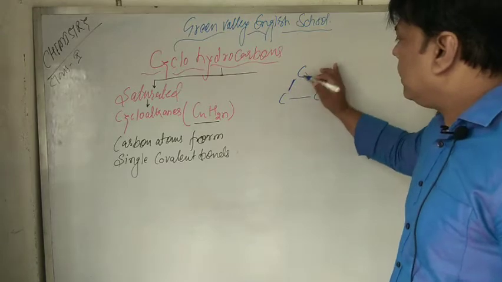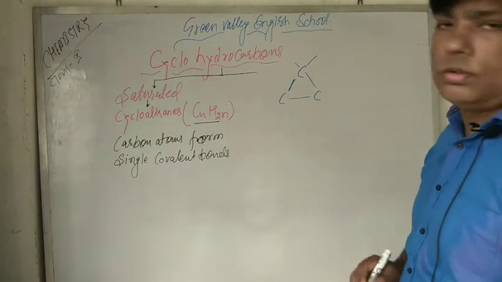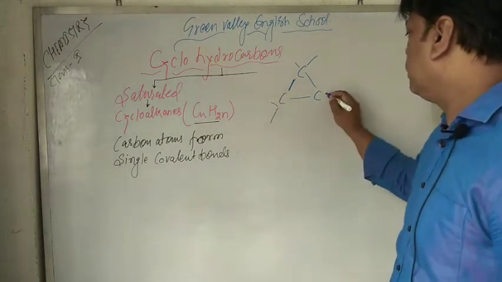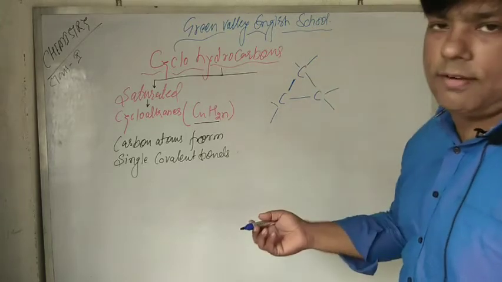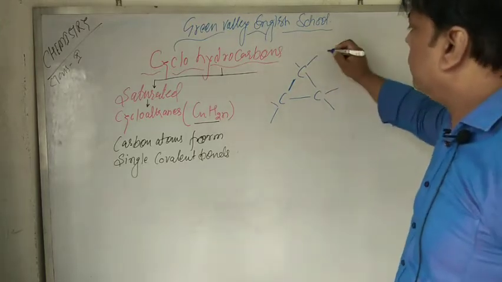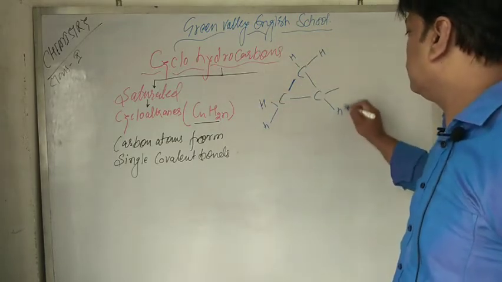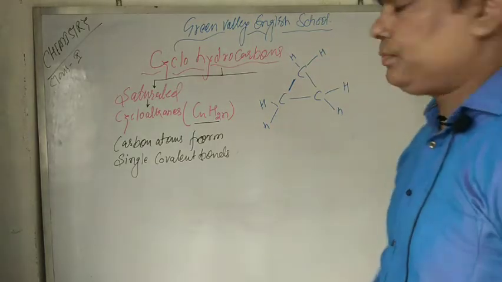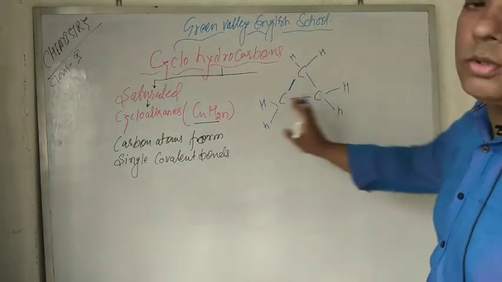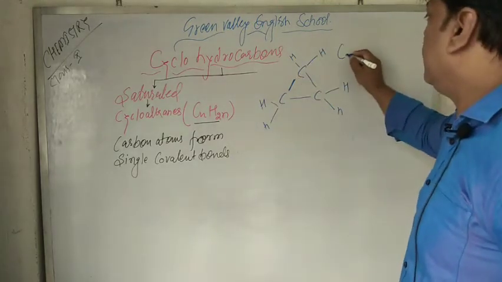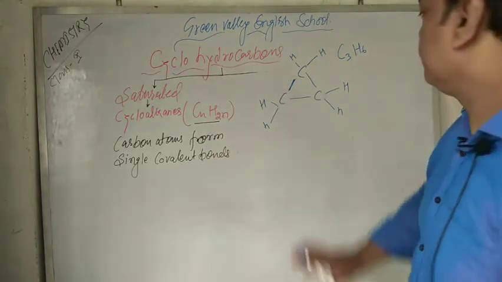Two bonds are with the other two carbons and two more. Carbon is tetravalent, so these remaining bonds are connected with hydrogen. Three carbons and how much hydrogen? 2 times 3 is 6. C3H6. The formula is CnH2n, right?